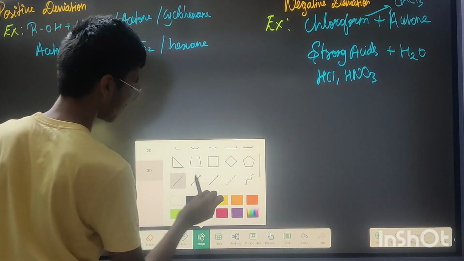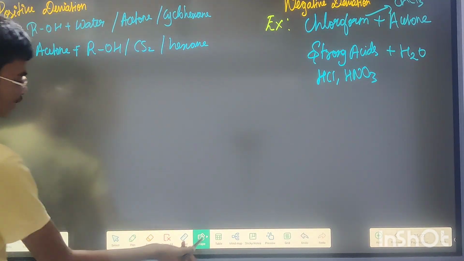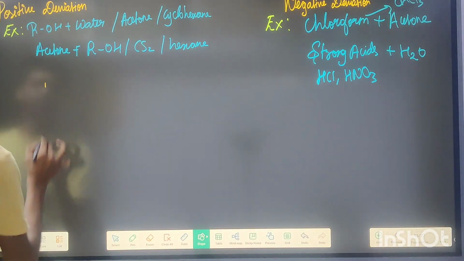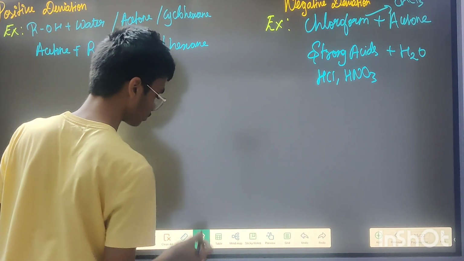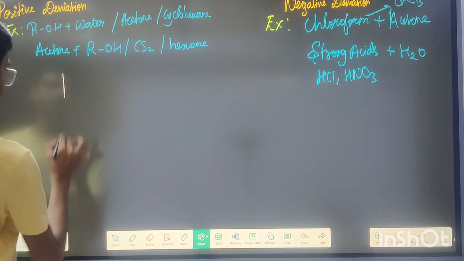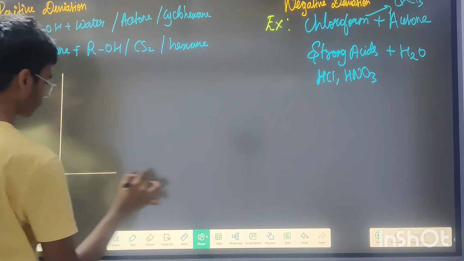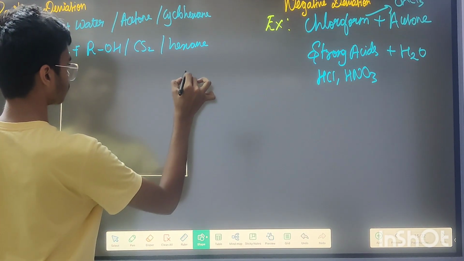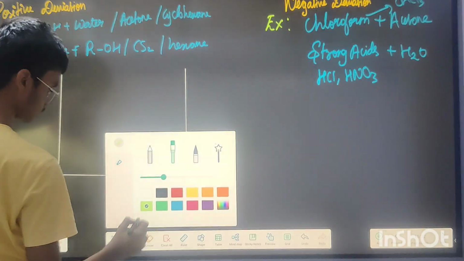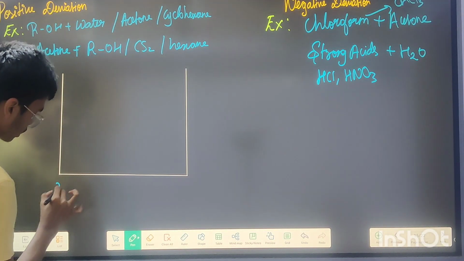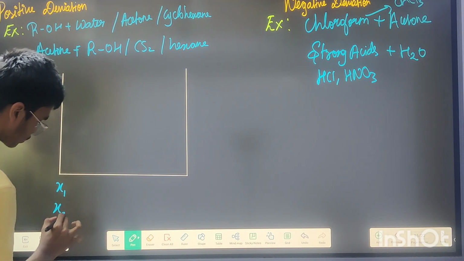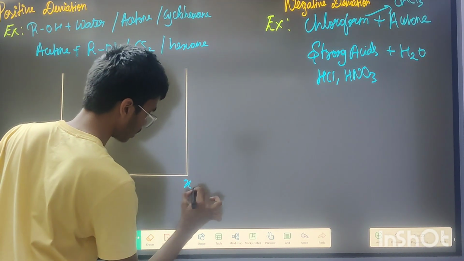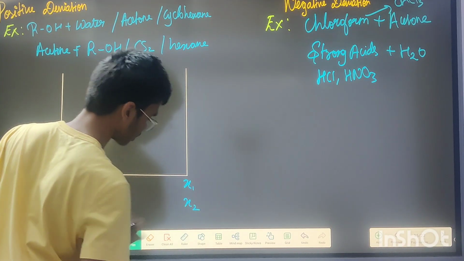Now we will come back here itself. The graph. x1, x2, then again x1, x2.